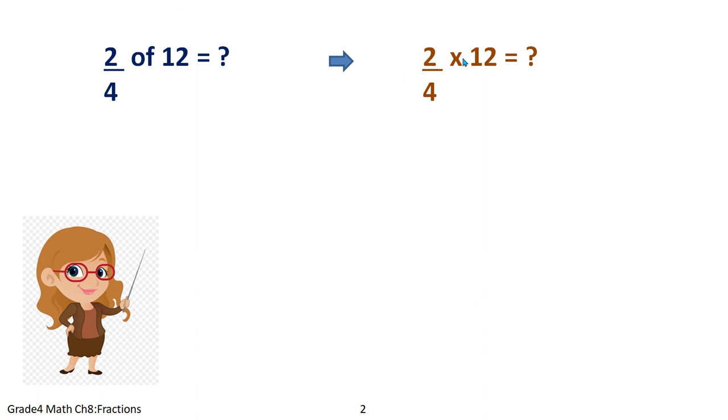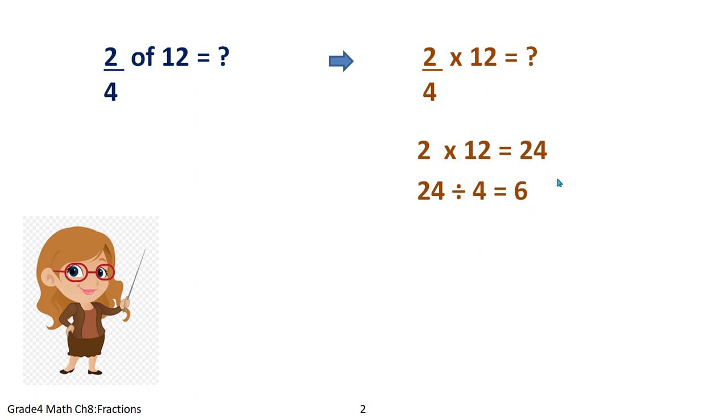This 2 and 12 are above the line. So what you have to do first is multiply 2 by 12. So 2 twelves are 24, and this 24 you get as the numerator, and the denominator is 4. So 24 divided by 4 you will do, and you will get the answer as 6.